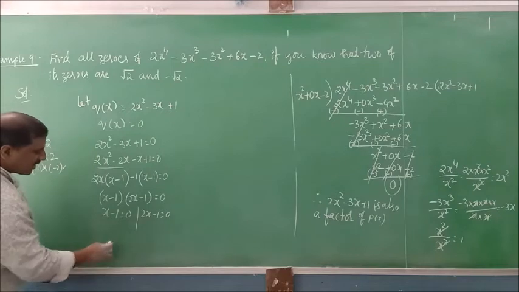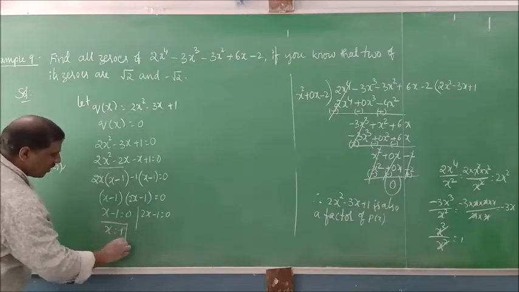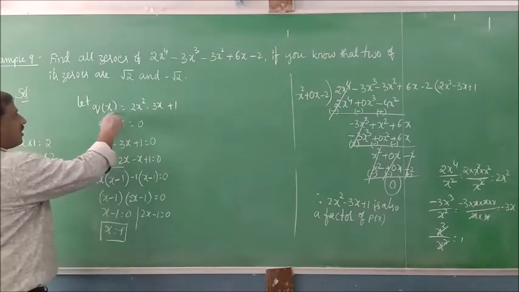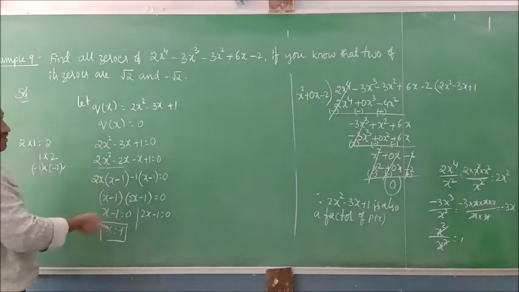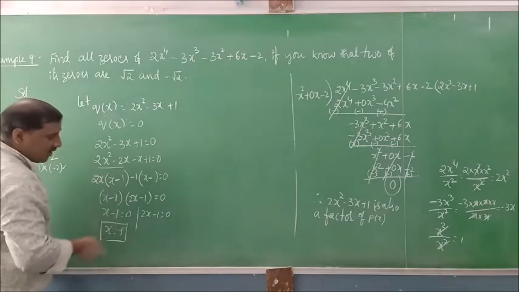So transpose minus 1 to that side, we get x is equal to plus 1. So x is equal to 1 is one zero of q of x. Q of x is a factor for the given polynomial, therefore x is equal to 1 is also a zero of the given polynomial.